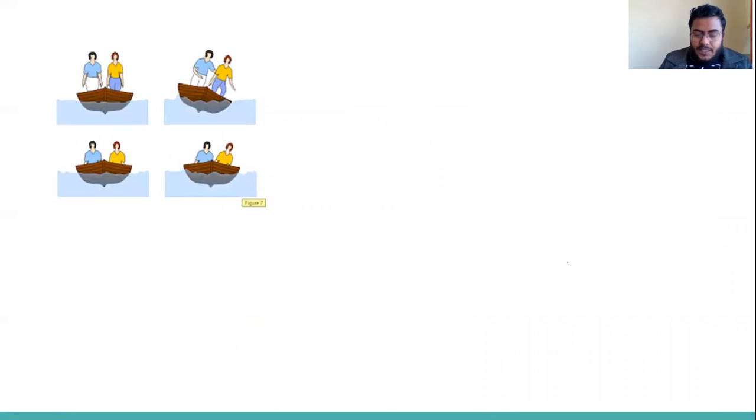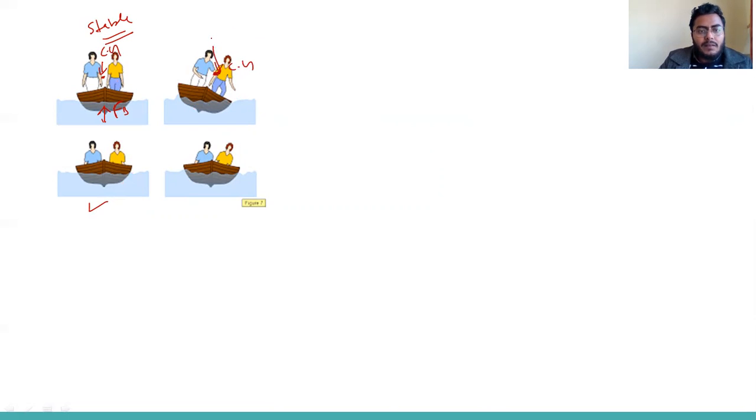Now in some other cases, you can see two persons sitting or standing in this boat. Their center of gravity is somewhere here, and their B, that is buoyancy, is acting here. So that is a stable condition. In other cases, when they move to the left or right side, they have shifted the center of gravity here.